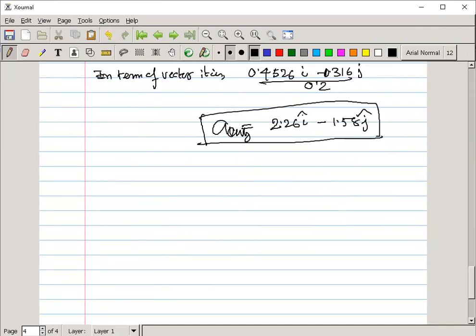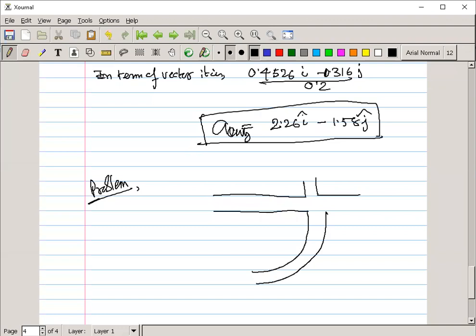Suppose, consider a car which moves along this direction x. Another car moves along this direction.